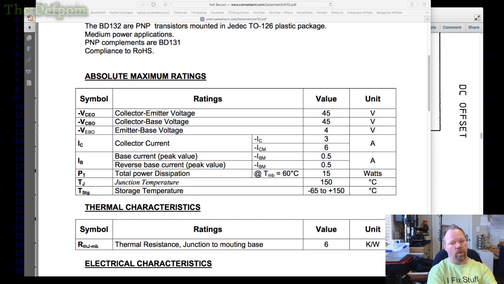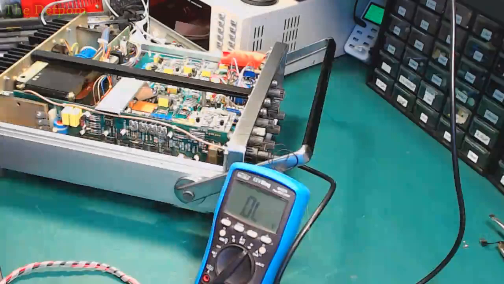Collector current 1.5 to 3 amps. So I think it doesn't actually have the same current rating. But it'll do as a temporary substitute to see if it makes it work. So we'll try it. BD140 is. Let's see.